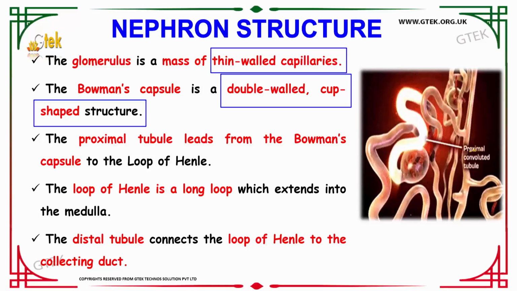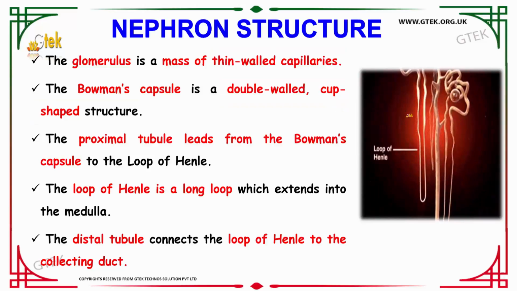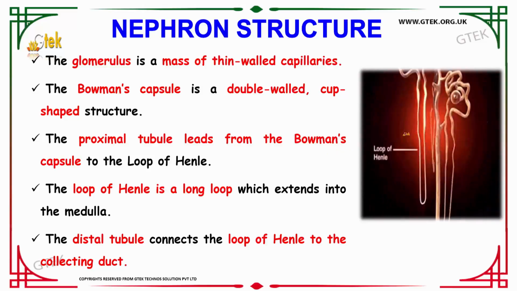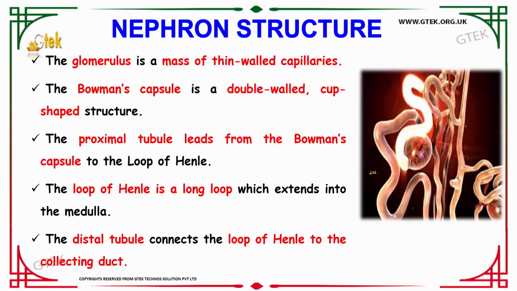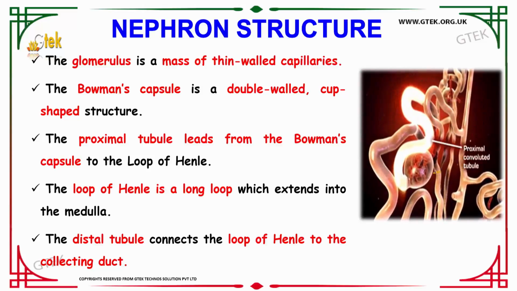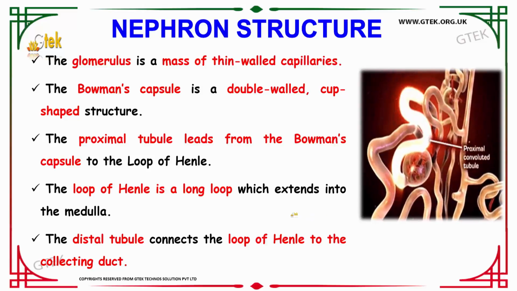Followed by your glomerulus, we have the proximal convoluted tubule, which leads from Bowman's capsule to the loop of Henle, which extends down. The loop of Henle is a long loop which extends into the medulla portion of your kidney.